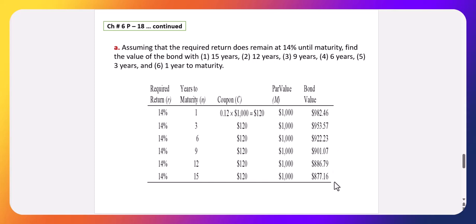Then year 15 would be $877.16. If you're still having trouble with using Excel to find the present value of a bond, I would refer you to YouTube, which has a lot of videos that can help you use Excel to calculate the present value of a bond.